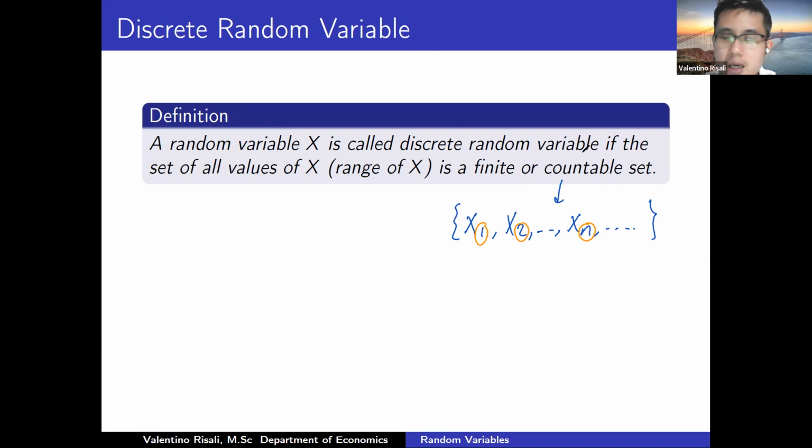Countable can be infinite or finite. So a random variable which the set of all values is finite or countable is called a discrete random variable. This is one of the classifications of the random variable.